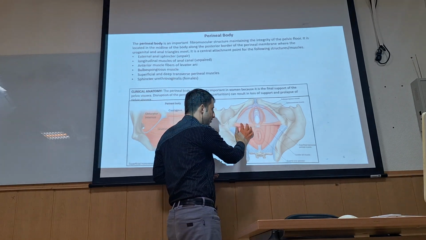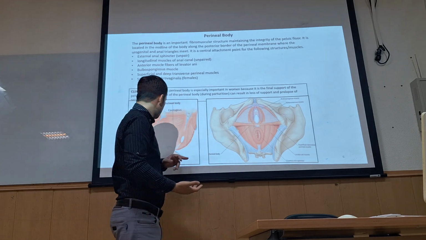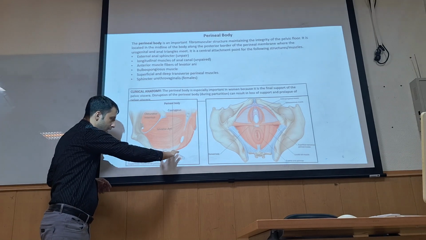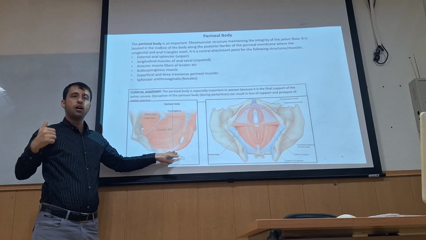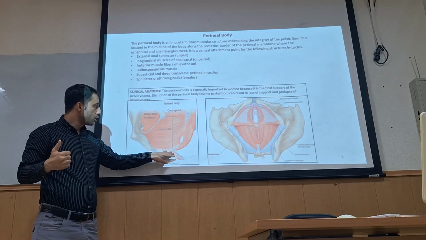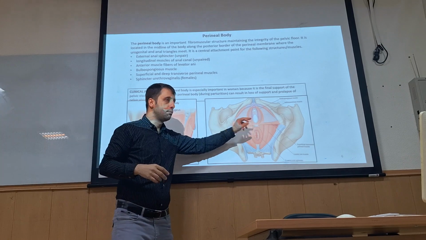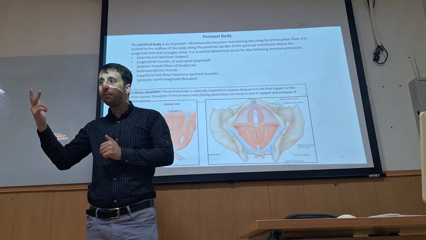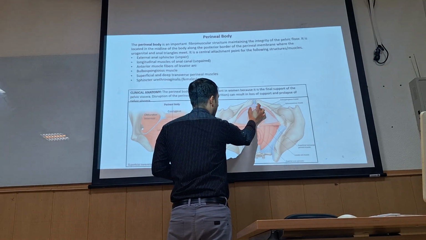This is the superficial transverse perineal, and deep to this muscle, in this area, is the deep transverse perineal muscle. These muscles are also attached to the perineal body, and they are paired. Another paired muscle is this muscle.